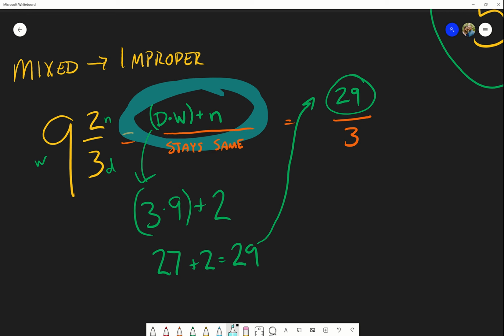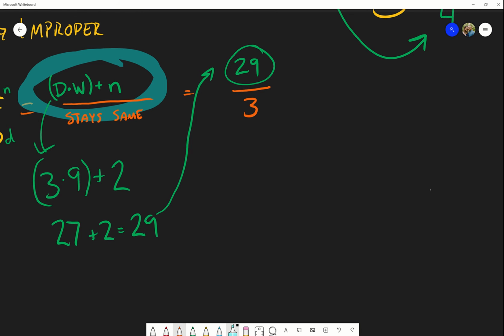D for denominator, W for whole number, and N for numerator. All right, so knowing what we know, let's convert 6 1/5 to an improper.